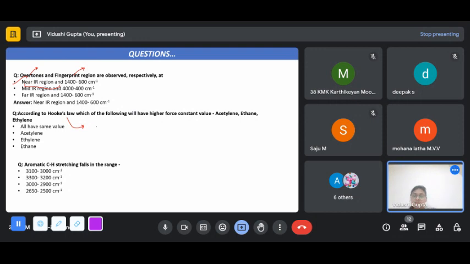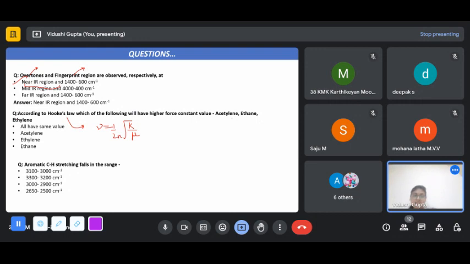And we also know this formula: frequency is proportional to root k by mu, where mu is the reduced mass and k is the force constant. So in the question they are asking which will have higher force constant, acetylene, ethane, or ethylene.